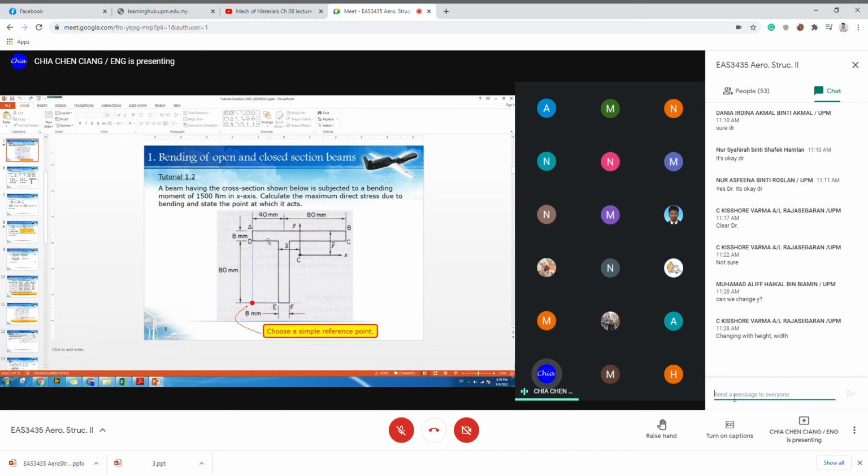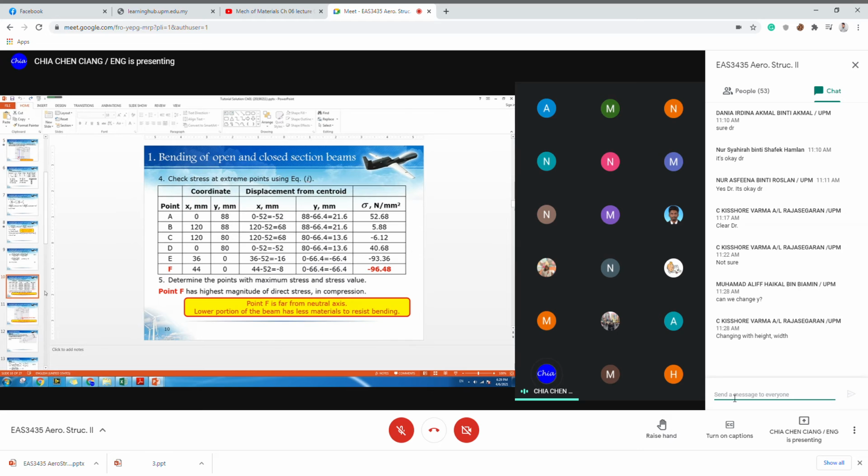So if you decrease the length DE, then more load will be given to points DC and AB. So perhaps then you can have the stress less than 80 Newton per mm squared.